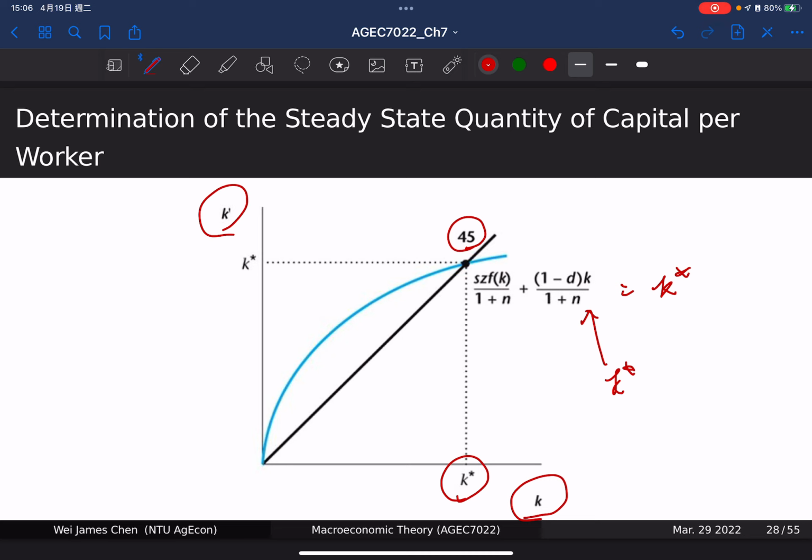So basically, this is the definition of steady state. If this society has a per worker capital level that's exactly k star, then next period it will be k star again. And next period it will still be k star. And from that point on, it will always be k star, unless something else changes. Okay?